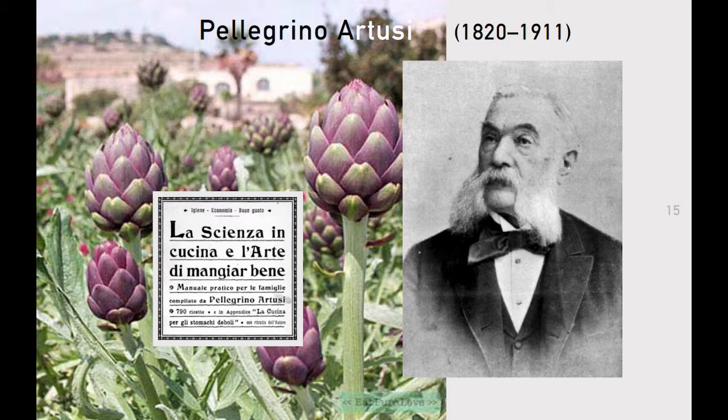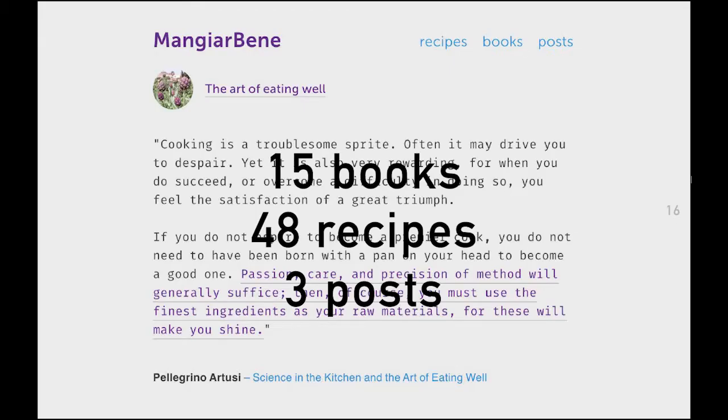In fact, it was the first cookbook for family cooking at home. Anyway, the demo website is a collection of modern cookbooks in the same tradition. It consists of two collections, one of 15 cookbooks and another of 48 recipes, as well as a blog from which this talk is the latest post.